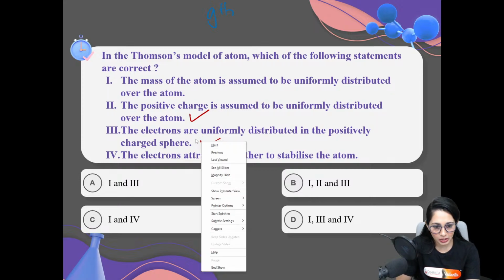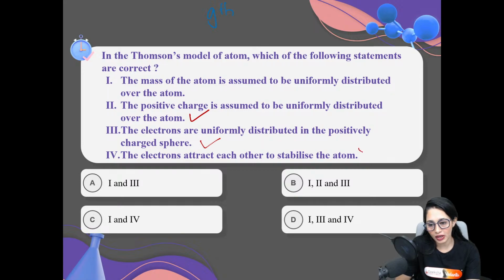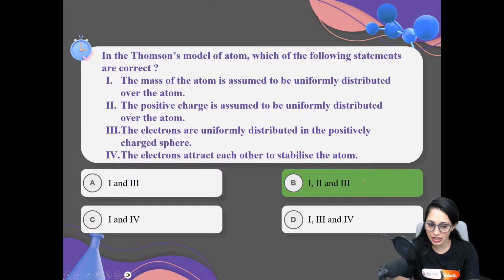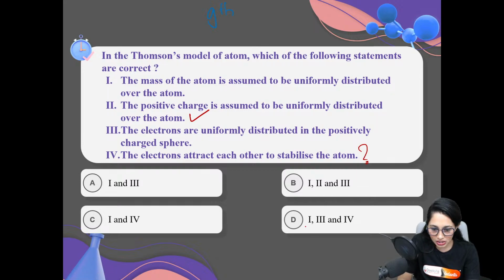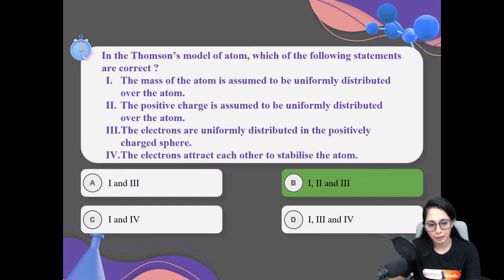This is also true. He speaks about that. What about this one? The electrons attract each other and stabilize them? No. So whichever option has the fourth one, that is wrong. So we'll eliminate this. This is also true. So it is the first 2 and 3. Option B is the right answer.